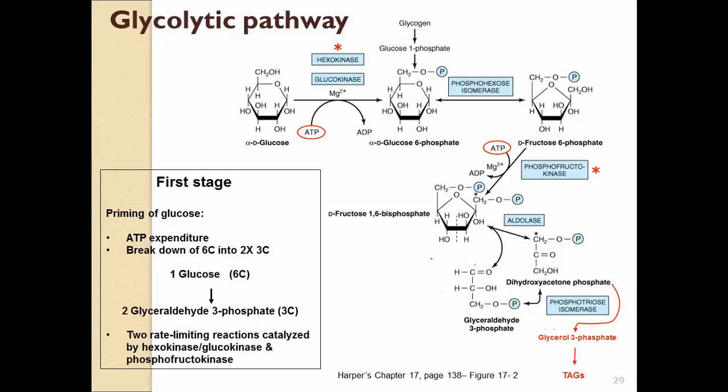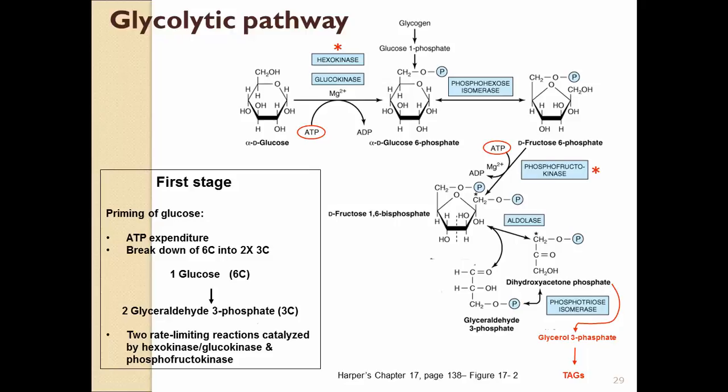Remember, glucose is a 6-carbon molecule, and in the first stage it is broken down into 3-carbon molecules, which then enter the second stage and are further metabolized, right?